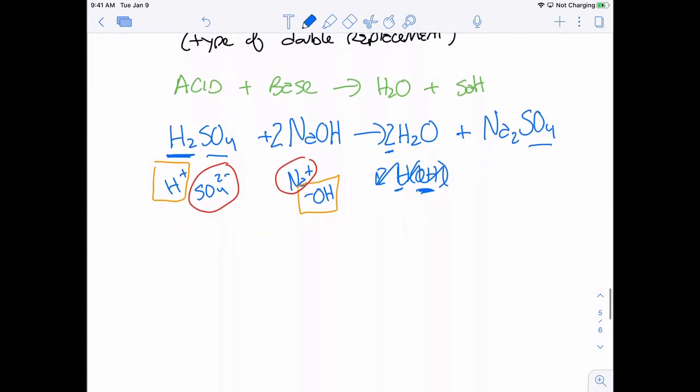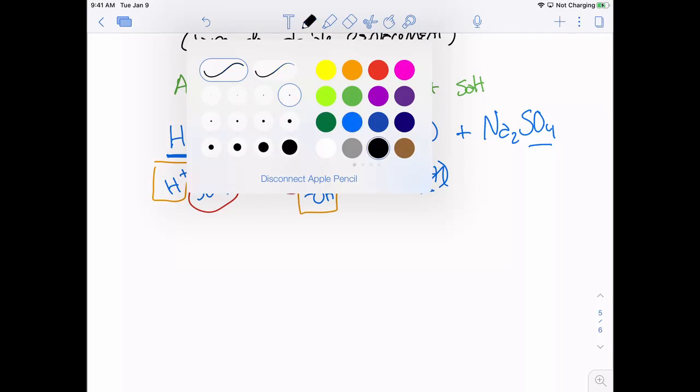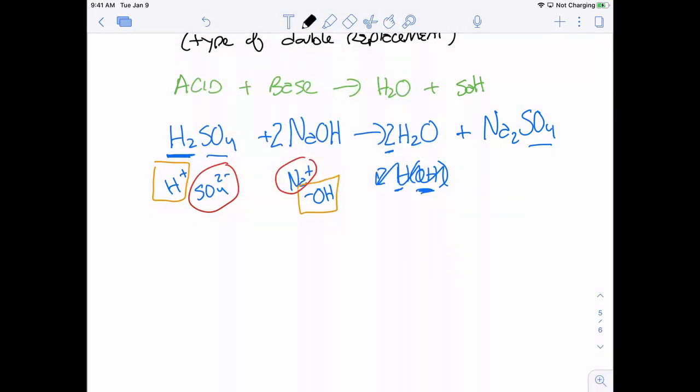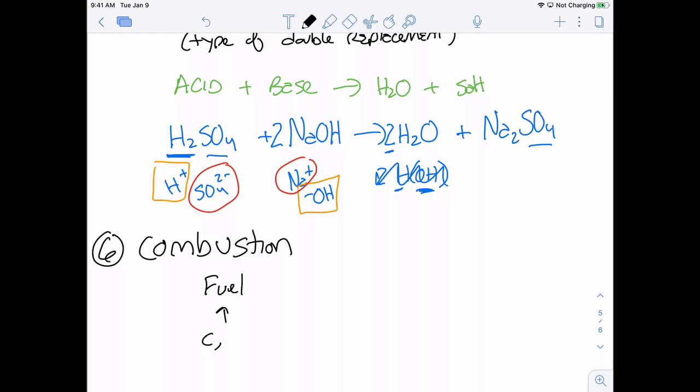One more for us, and that's a combustion reaction. And I also mentioned those in the last video when we were balancing. So combustion. For combustion, what we're going to have is some sort of fuel. And for us, it's going to contain carbon, hydrogen, and then possibly, not always, oxygen.